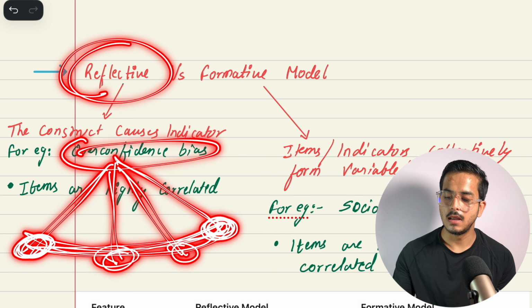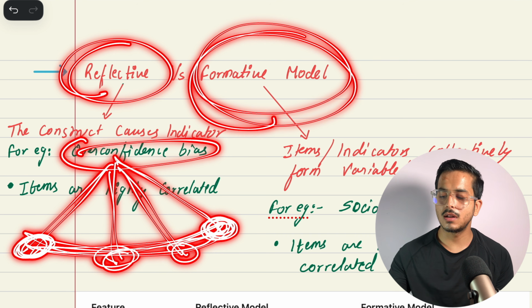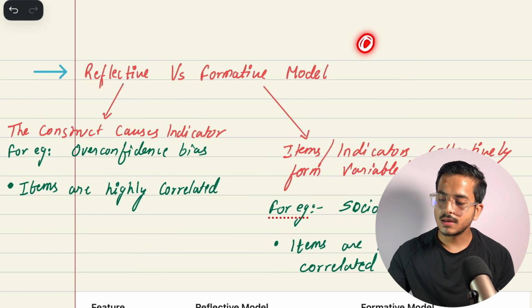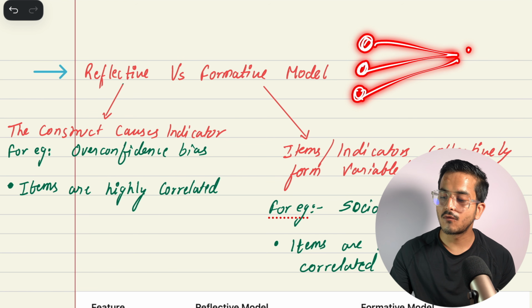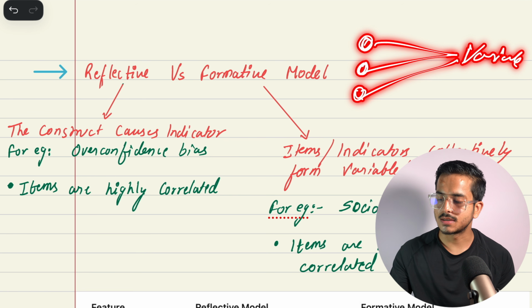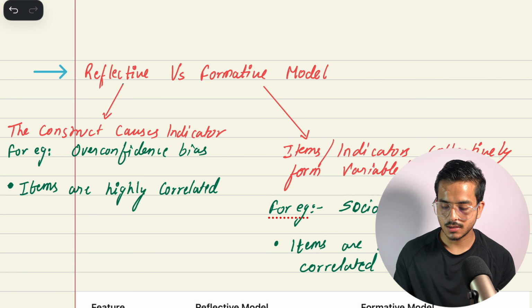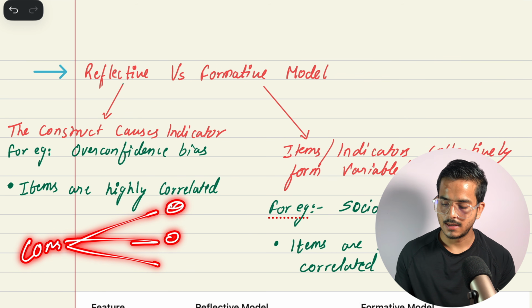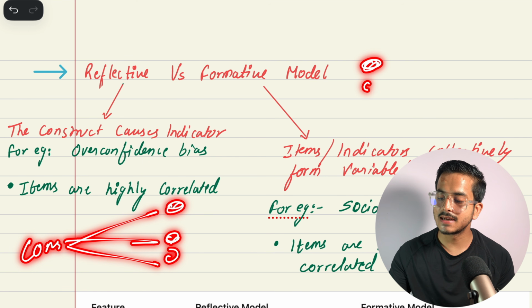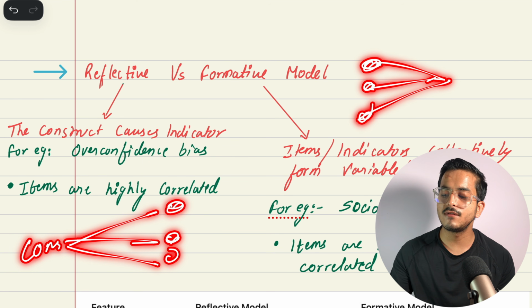That is reflective. But if I talk of a formative model, first there will be indicators, then these indicators together will form what? Variable or construct. So here first you have construct, then you have indicators. But here first you have indicators, and these indicators collectively form what?